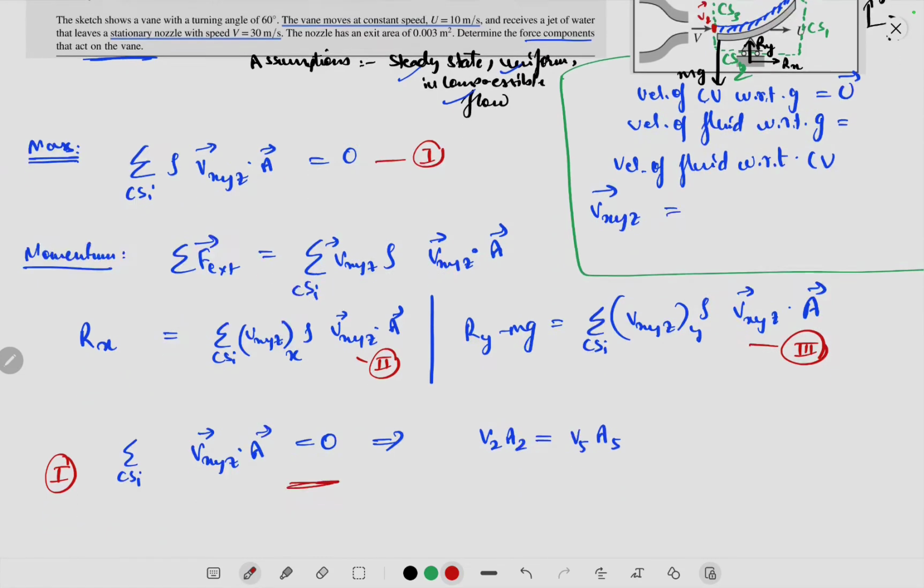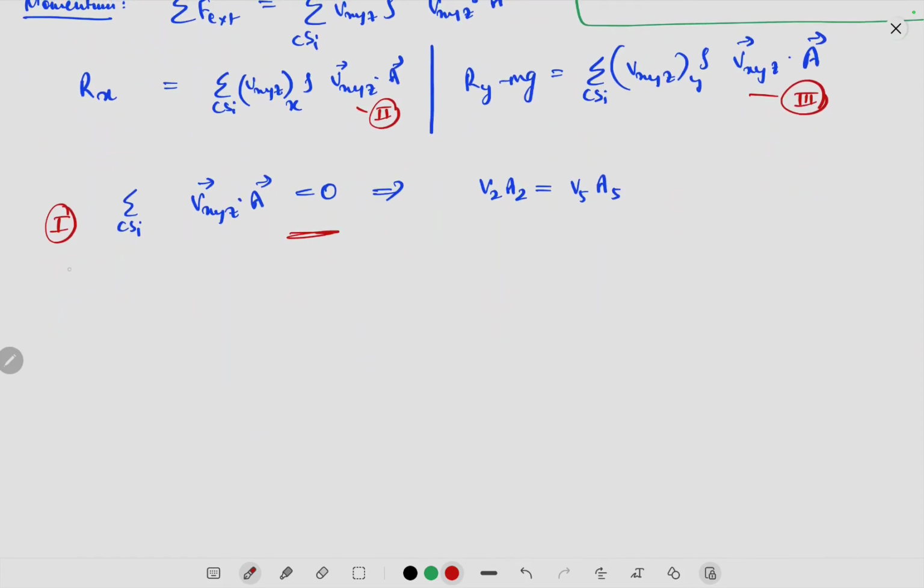Alright, next let's take the second term, which is Rx equal to summation over CS of Vxyz along x, rho Vxyz dot A vector.